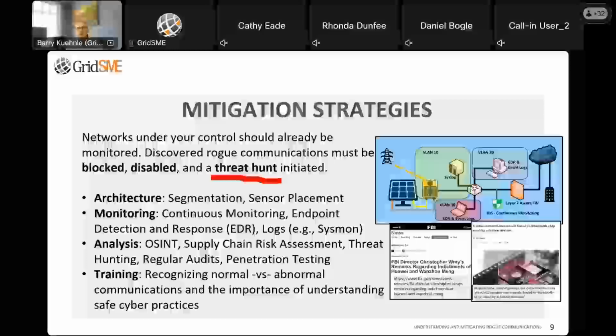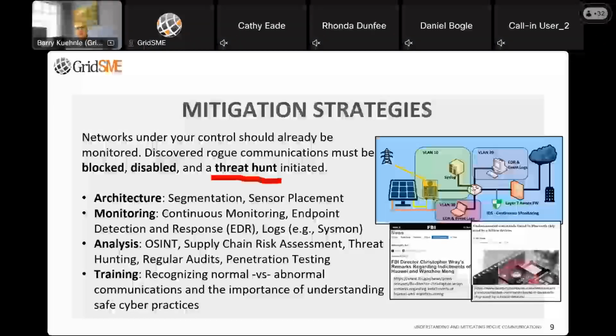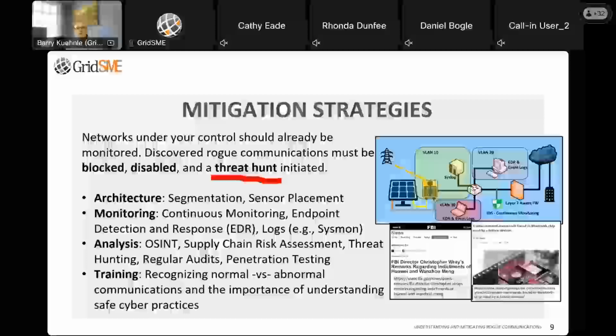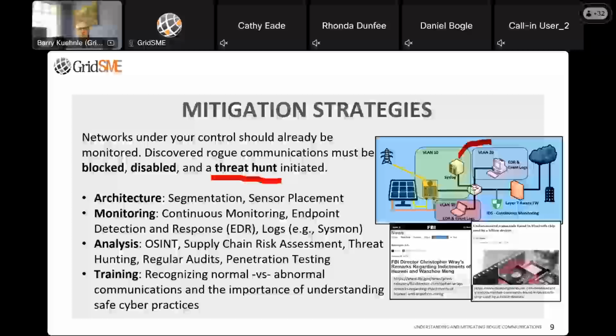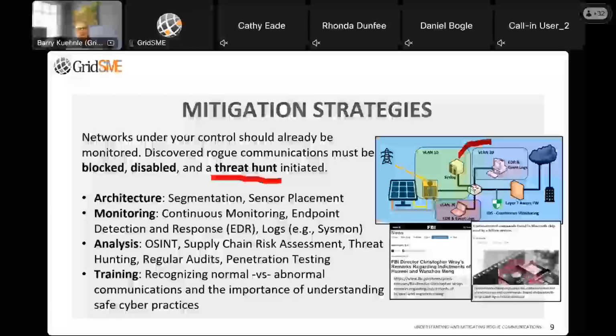You can set up controls to monitor and make sure that some devices can't talk to devices in different VLANs, or that they can talk, but only certain devices. There are a lot of controls you could do. Basically, you're isolating these devices in a smaller environment to reduce your attack surface and make it easier to manage from a cybersecurity perspective, and also from an operational perspective.